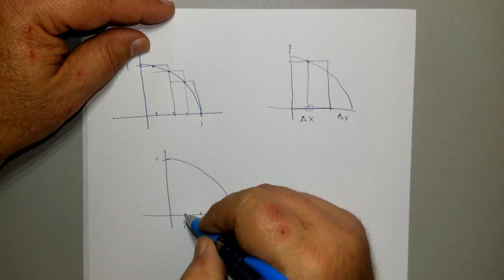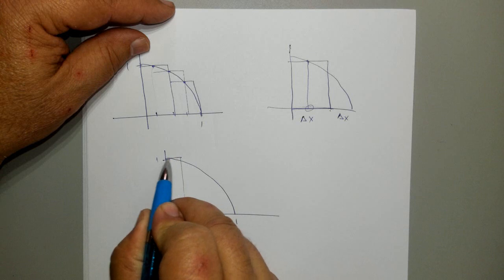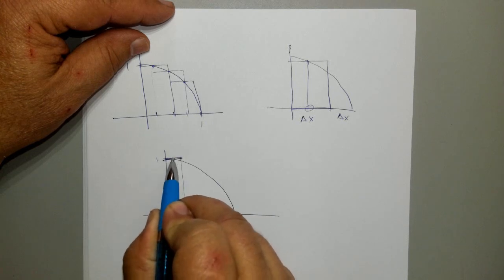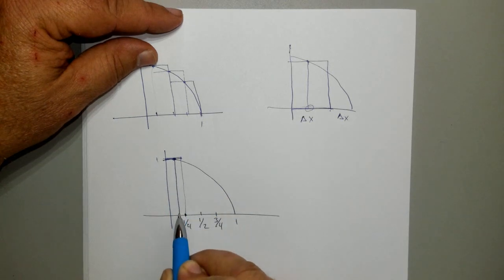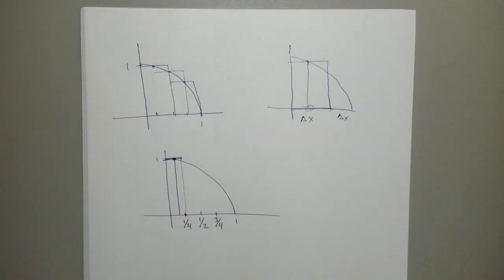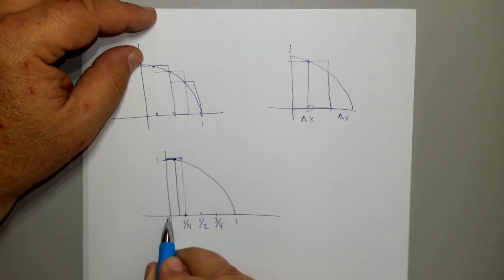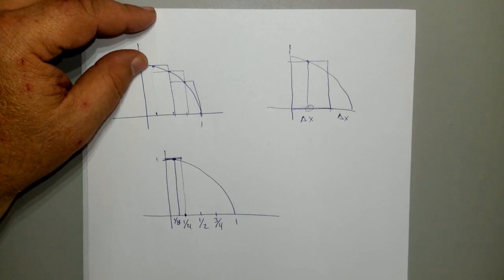So in this rectangle, I'm going to make the rectangle so that this value here is my input. So that's half of 1/4, so that's 1/8.